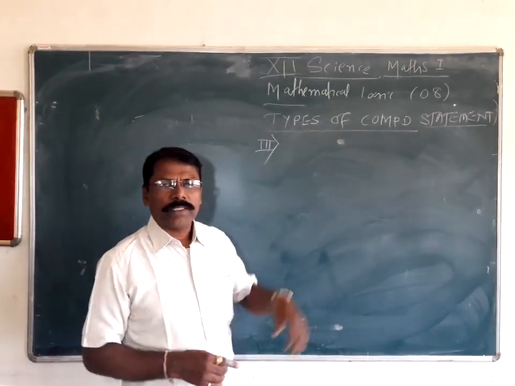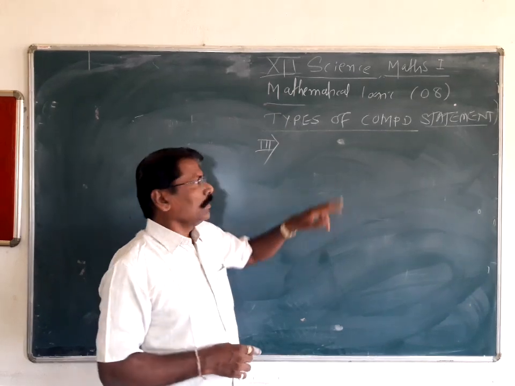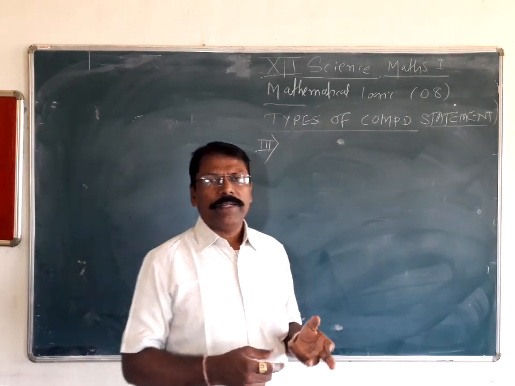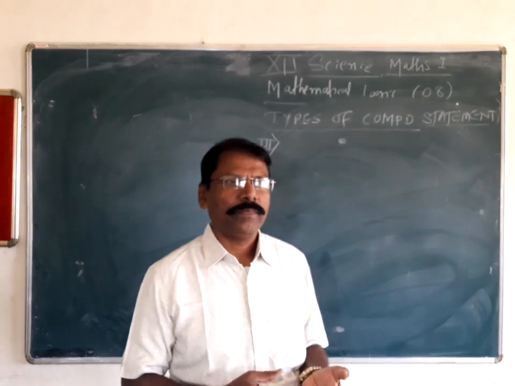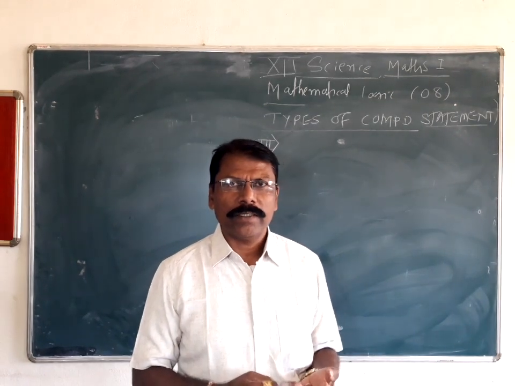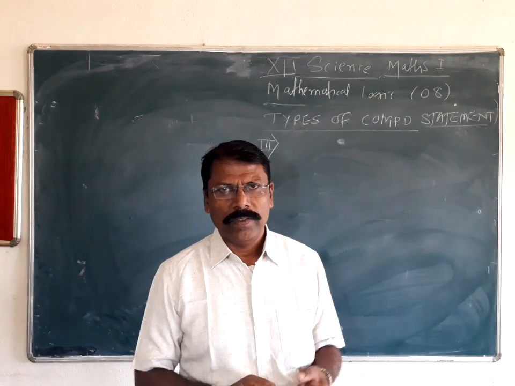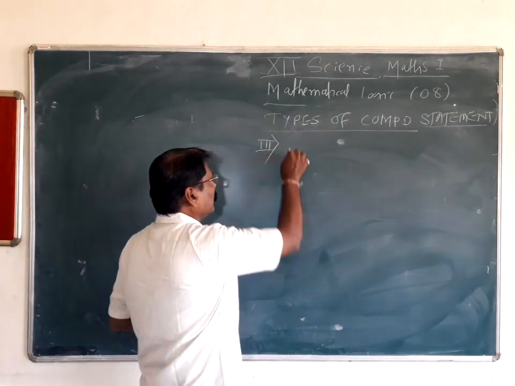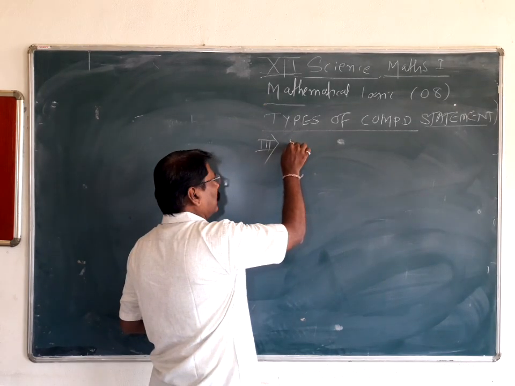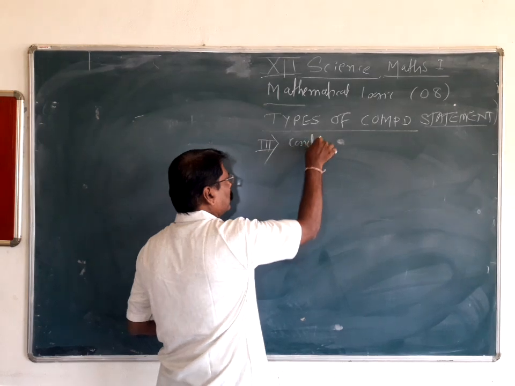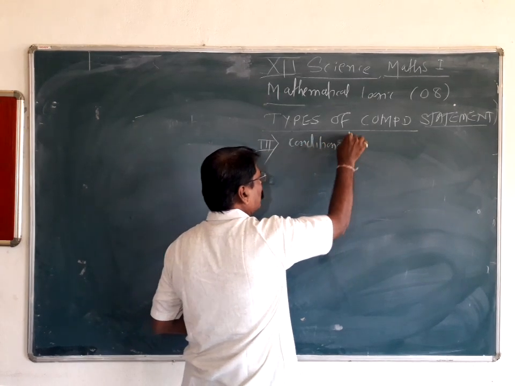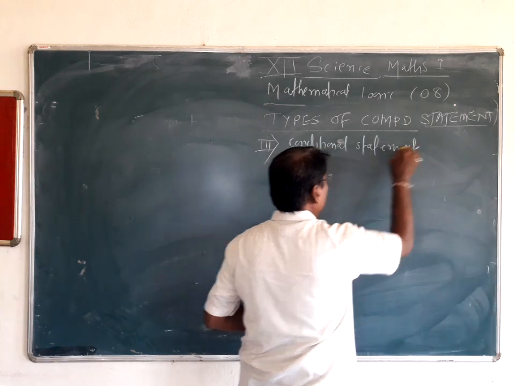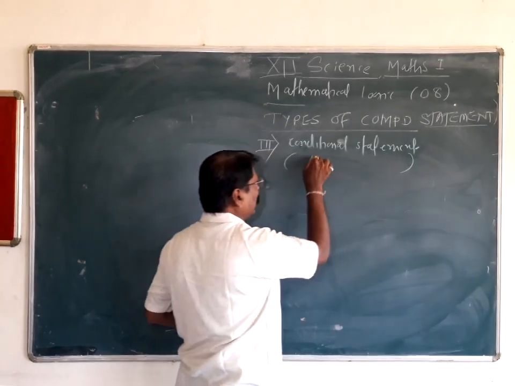So, dear students, in the previous lecture, we introduced types of the compound statement. We defined negation, conjunction, and disjunction. Now, the third compound statement is the conditional statement, or it is called implication.